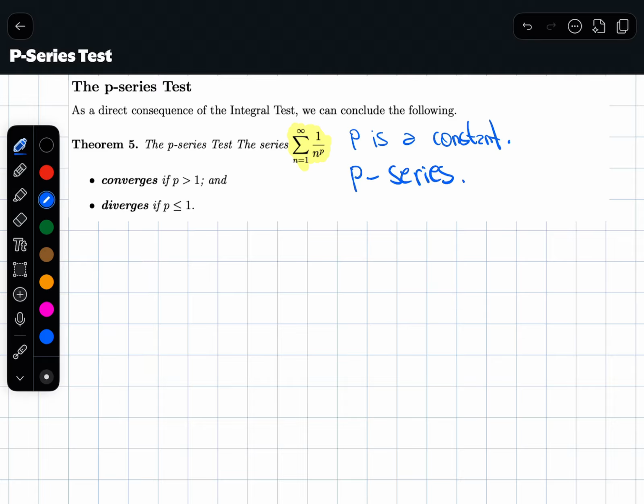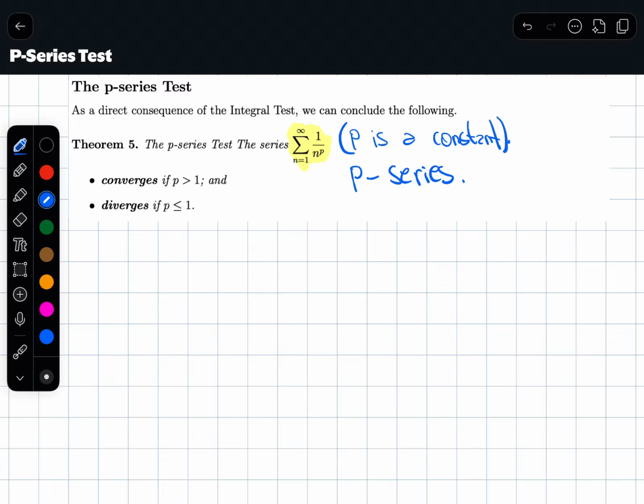So a p-series is a series that has this exact format, 1 over n to the power p, and it will converge if p is big enough, and it will diverge if p is not big enough. So all values of p less than or equal to 1, including p equal to 1, will make this series diverge, and p greater than 1 will make this series converge.